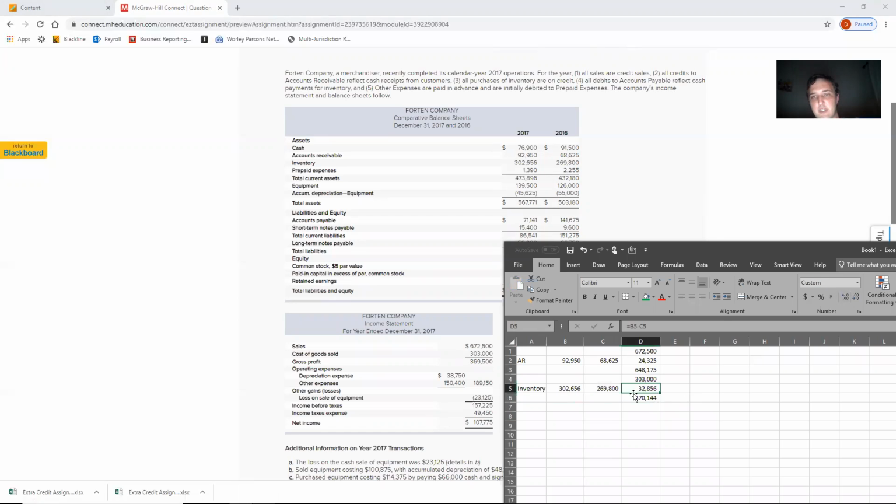We increased our inventory, so not only did we spend this much on our cost of goods sold, but we actually increased our inventory.